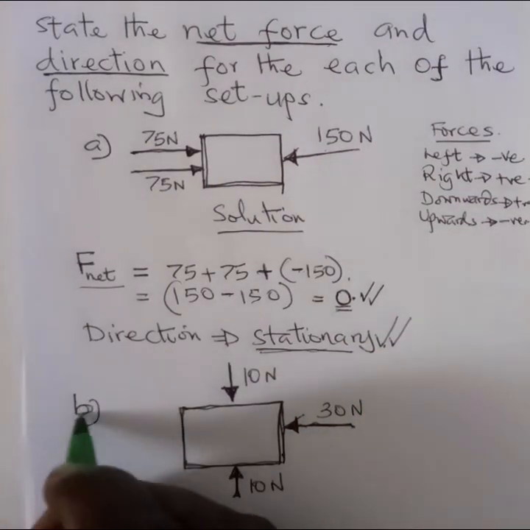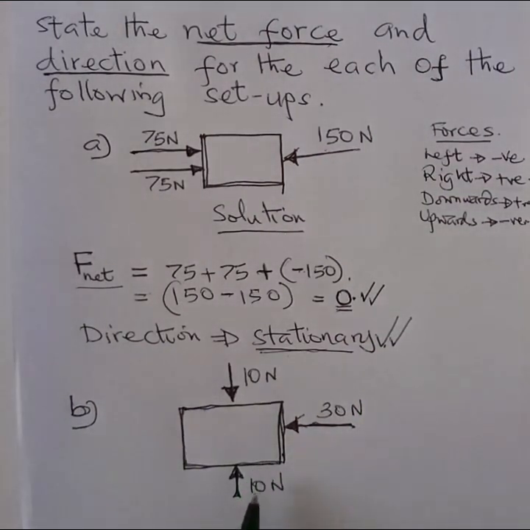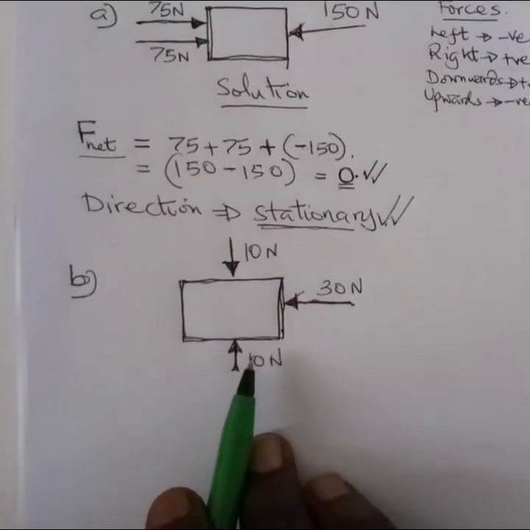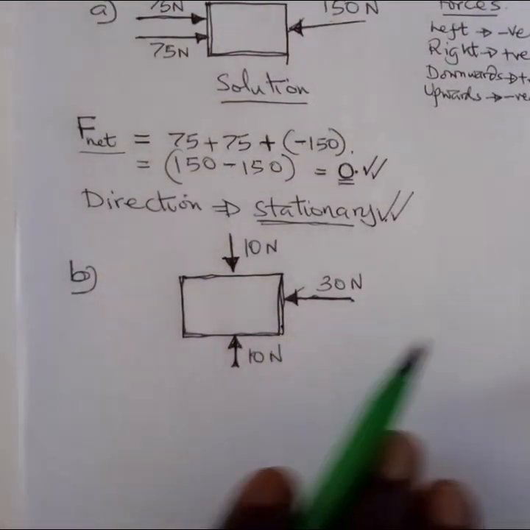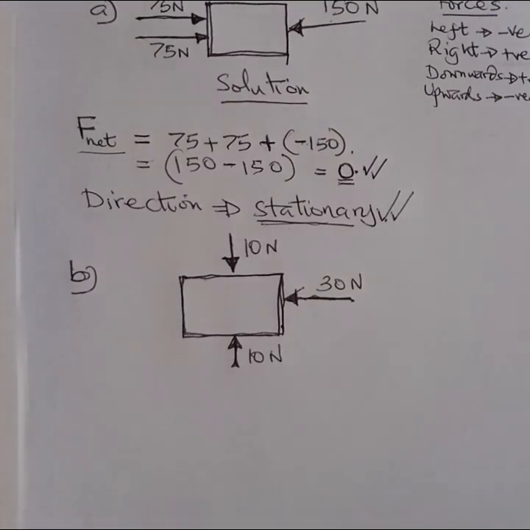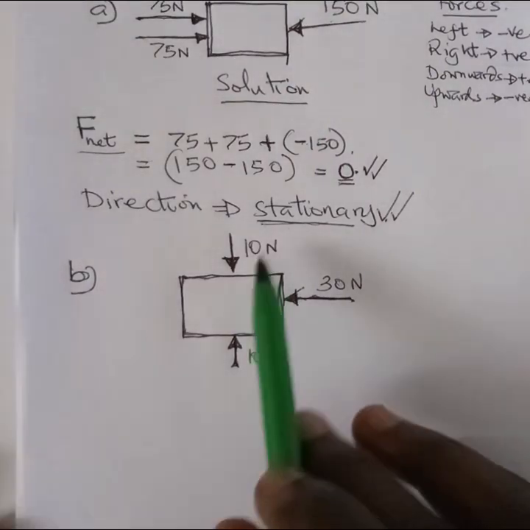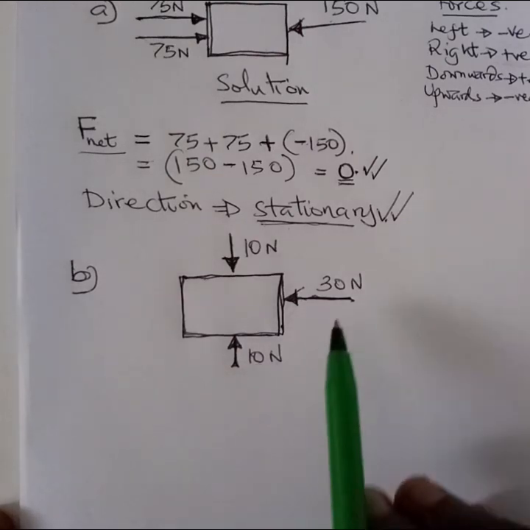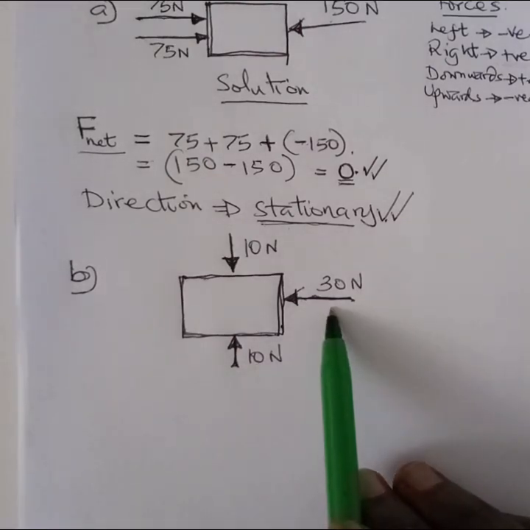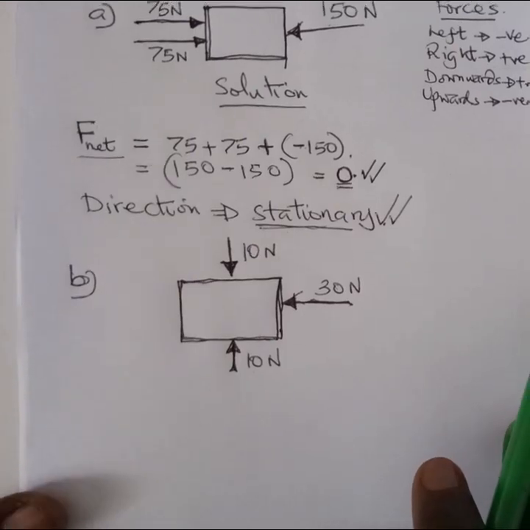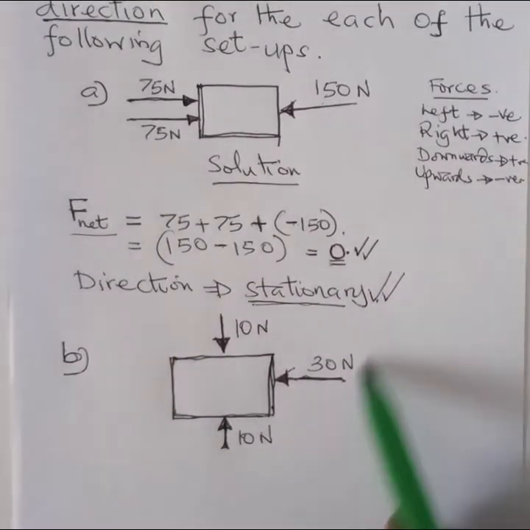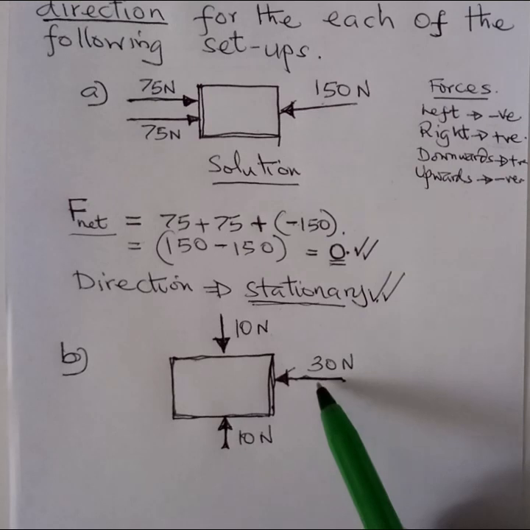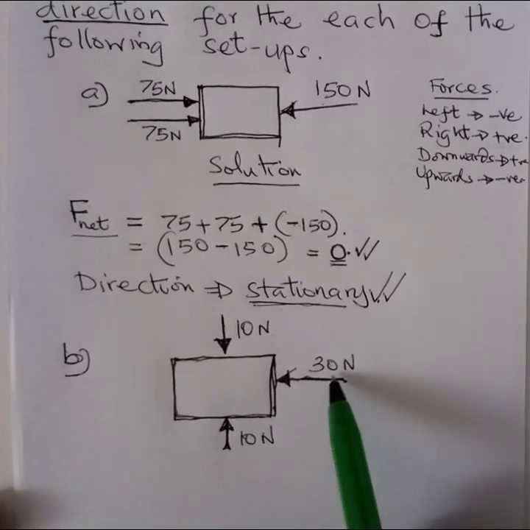Part B. We have this body here, and we have 3 forces acting on it. We have 10 newtons downwards, 10 newtons upwards, and 30 newtons to the left. So you first identify, will the forces be negative or positive? We have 30 newtons to which direction?